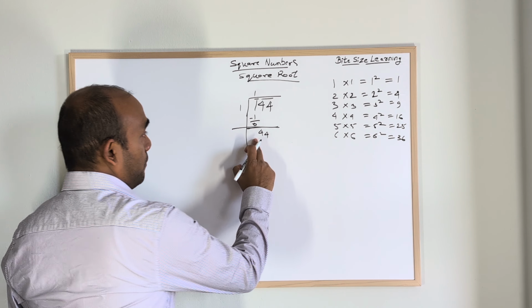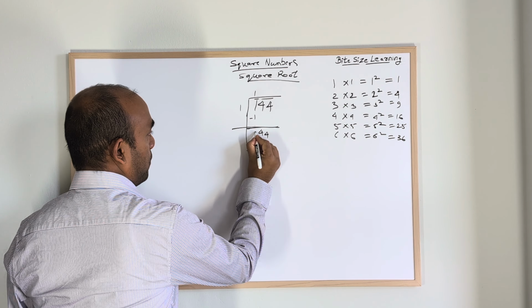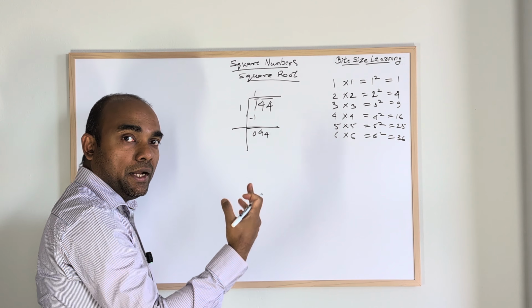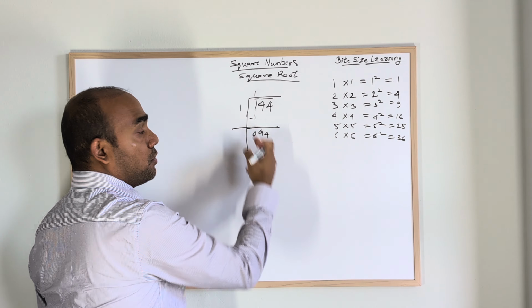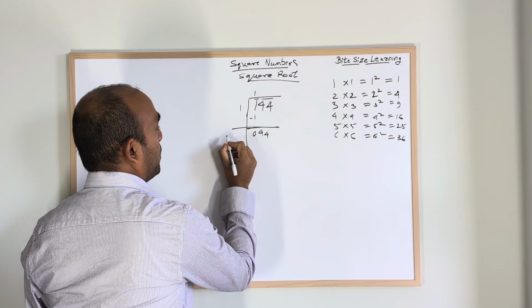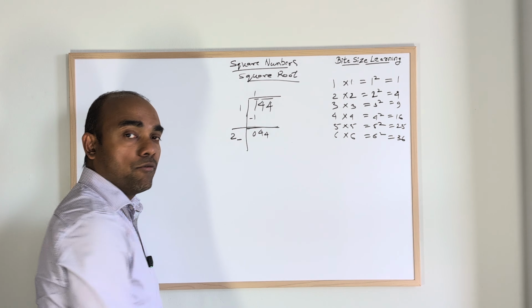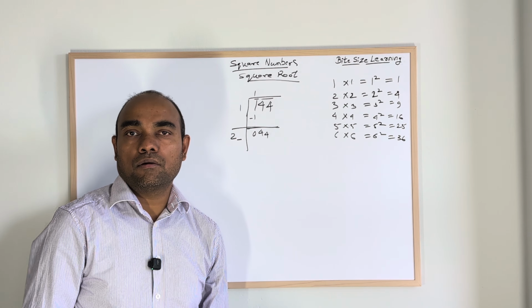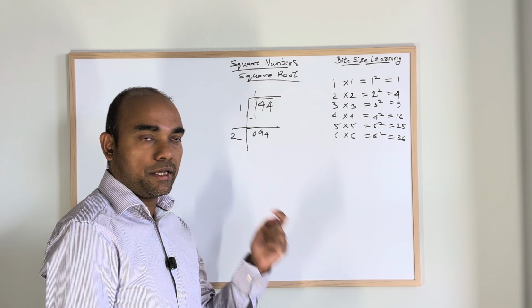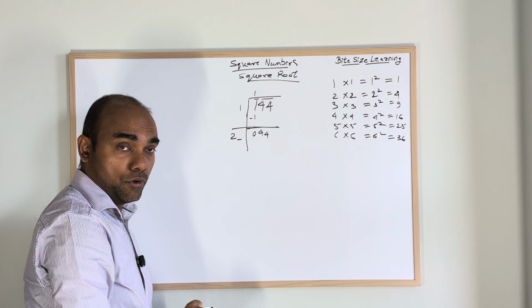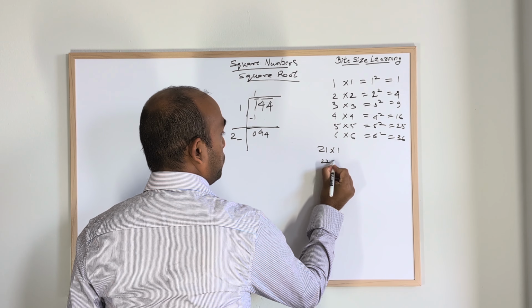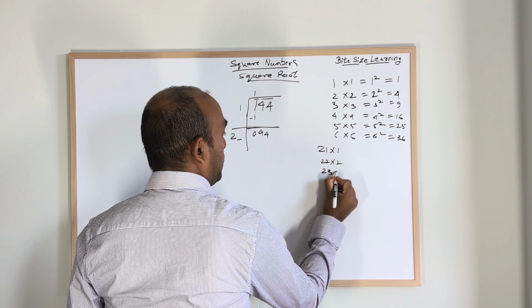Now you take this quotient and double it, meaning you add the quotient to itself. So 1 plus 1 is 2, and you'll have one place here. Now again you start reading the table until you reach 44. It will be like 21 times 1, 22 times 2, 23 times 3.